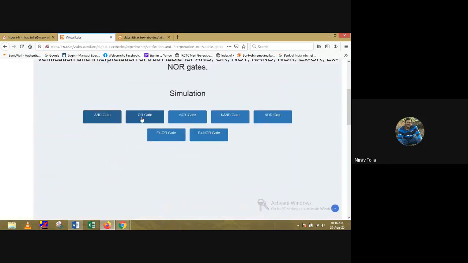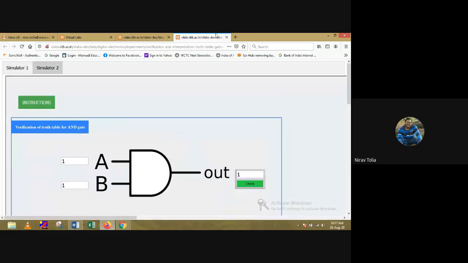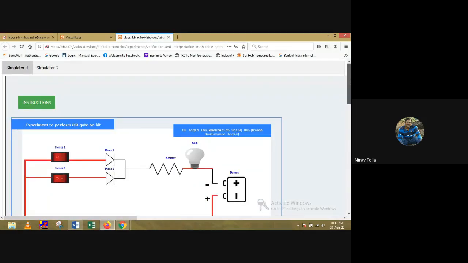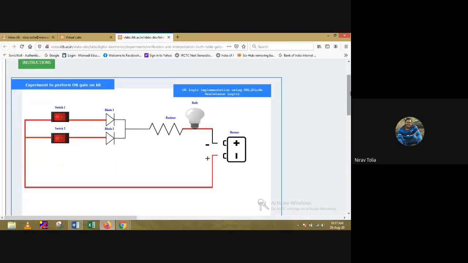Now going to another gate, which is the OR gate. It is the same thing. We have two simulators. Here we have instructions. First we have to connect a battery. So click on the battery, and now it is written that it is connected.